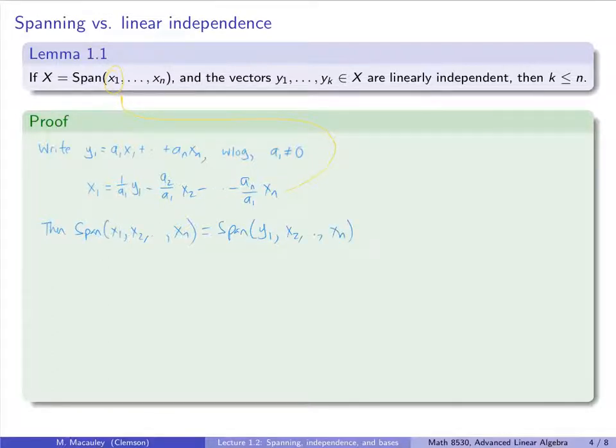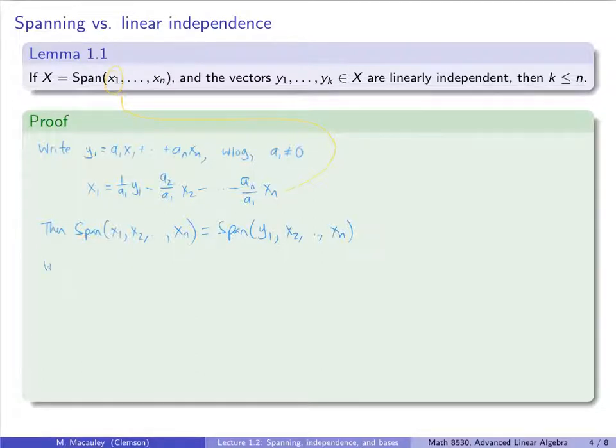Because if we take this expression and put it in for x1, we can still generate the entire vector space, but we are not using x1 at all. We are using y1, and then x2 up to xn. So we have basically eliminated x1 from here, and then we can keep going.